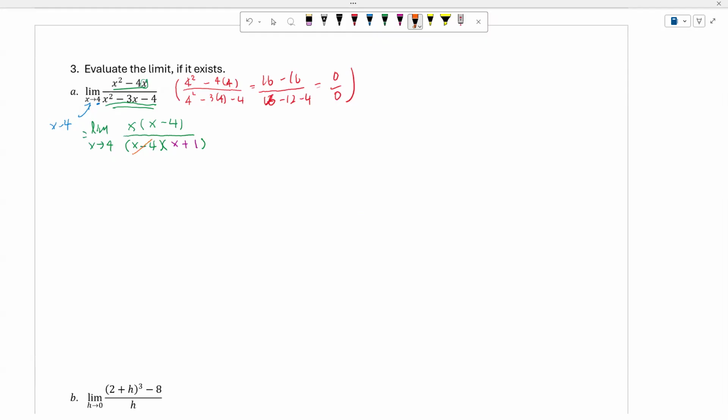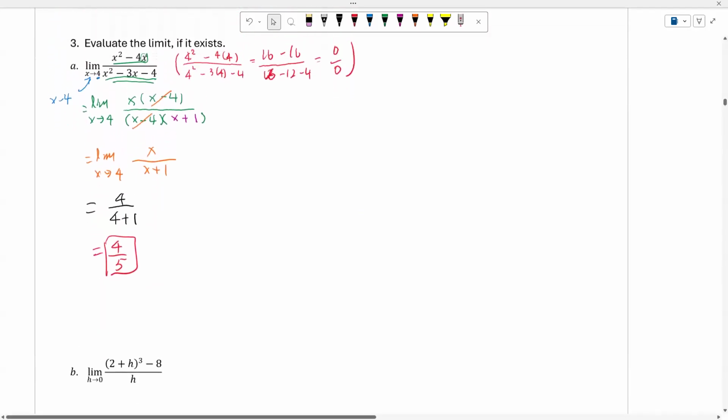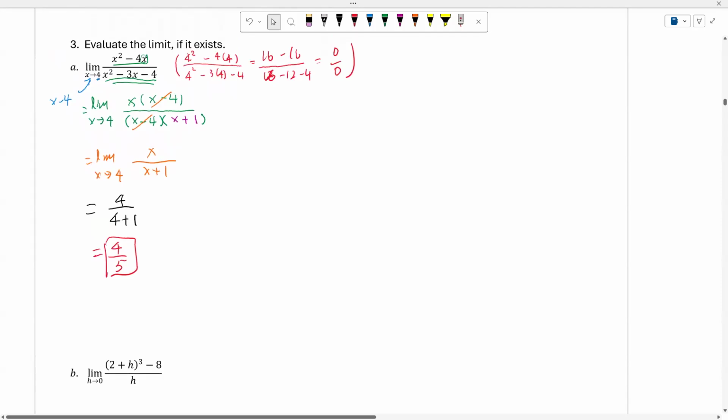Now we can cancel these two, which leaves me the limit as x approaches 4 of x over (x plus 1). Then direct substitution gives my answer of 4 over 5. So this is one way to solve the limit if we have an indeterminate form.